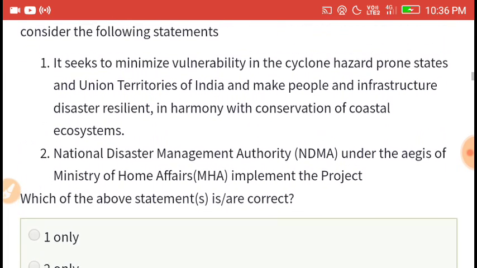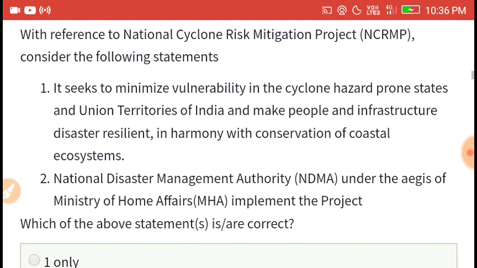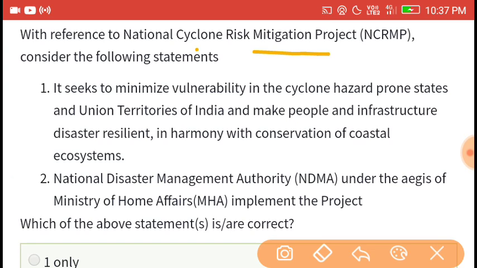So next question, with reference to the National Cyclone Risk Mitigation Project, consider the following statements.